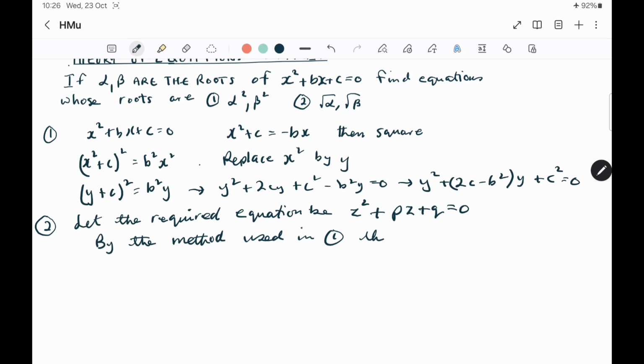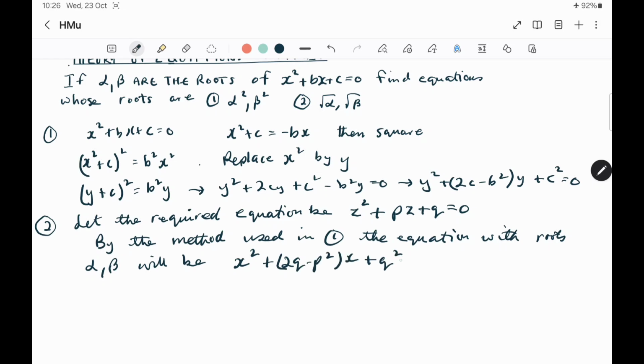the equation with roots alpha, beta will be x squared plus 2q minus p squared x plus q squared is 0.